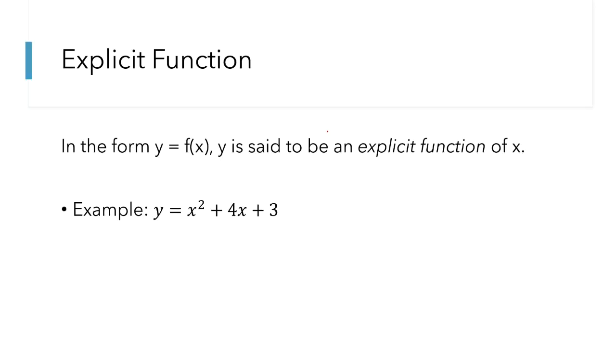So again, explicit functions are in the form y is equivalent to f of x, where y is said to be an explicit function of x. It is said to be explicit if our y is separated from the variable x. As you can see from here, we have y equivalent to a function of x.